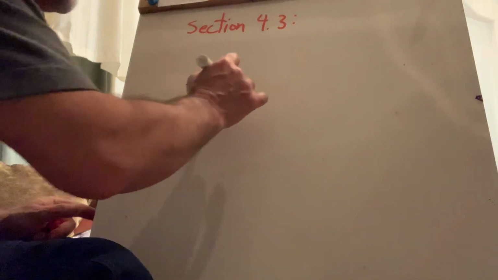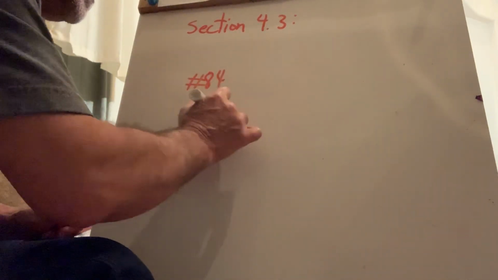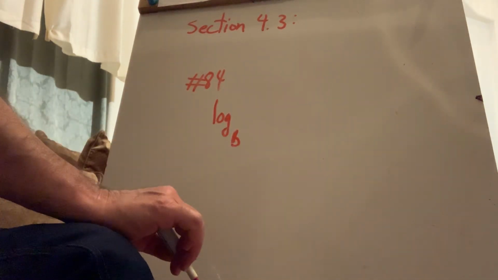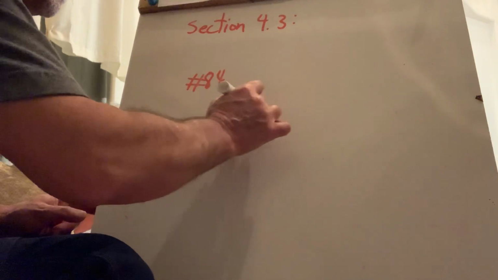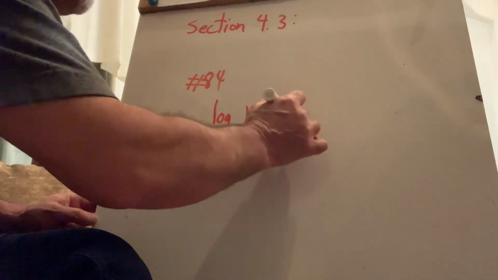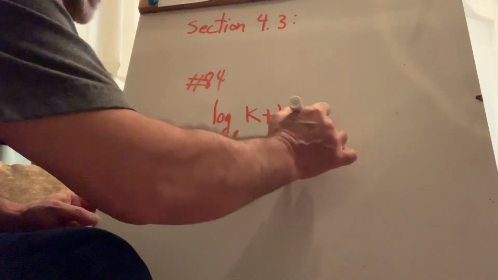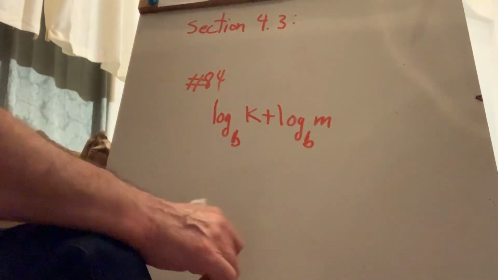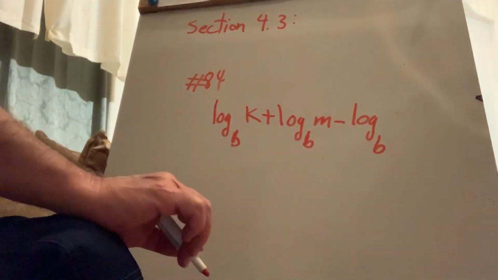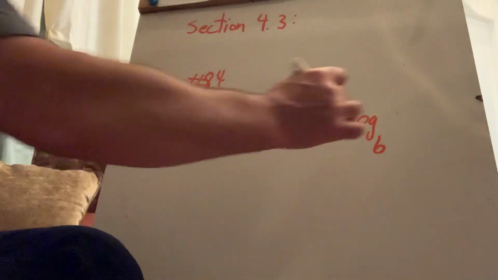So you have log base B of K plus log base B of M minus log base B of A.